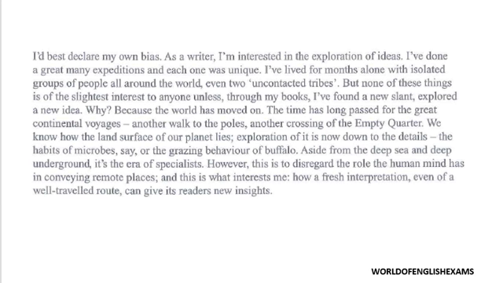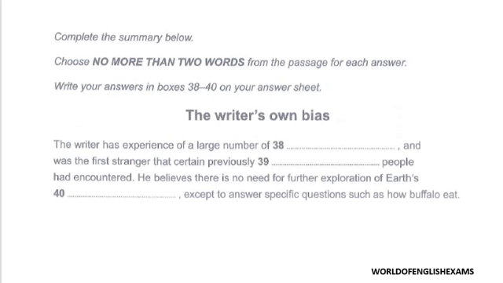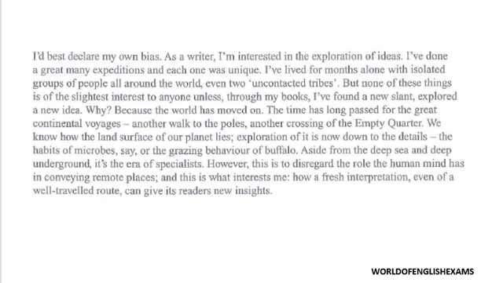So the writer has experience of a large number of dash. That means he has experienced a large number of dash. What is that? We have to find out. So let's go to that.